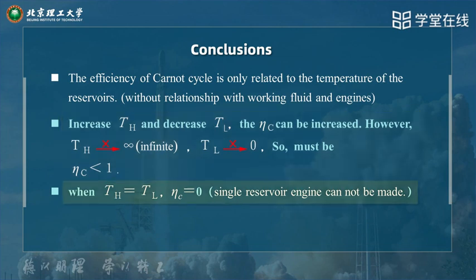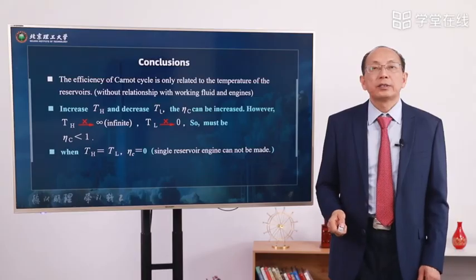When TH equals TL, it means a single reservoir. In this case, eta C is 0. This just tells us a single reservoir engine cannot be made. Here are the conclusions. Thank you.